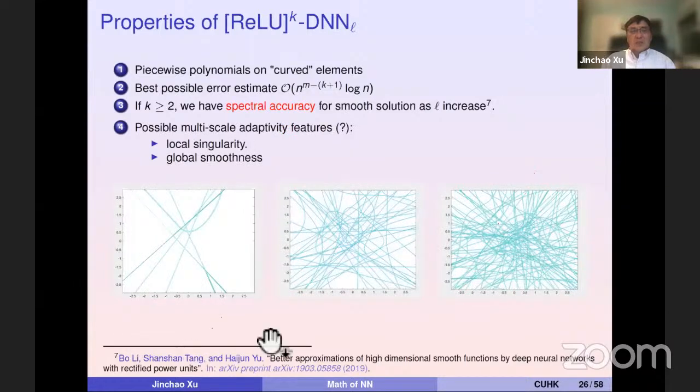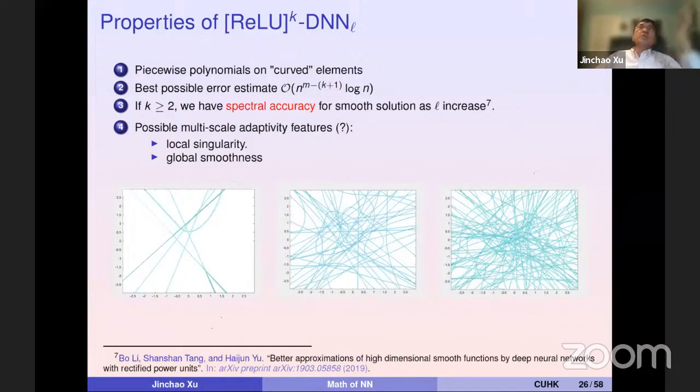In this paper, they proved that when you increase the number of layers, you can reproduce higher order polynomials. That means you can pretty much have spectral accuracy when you do these things.